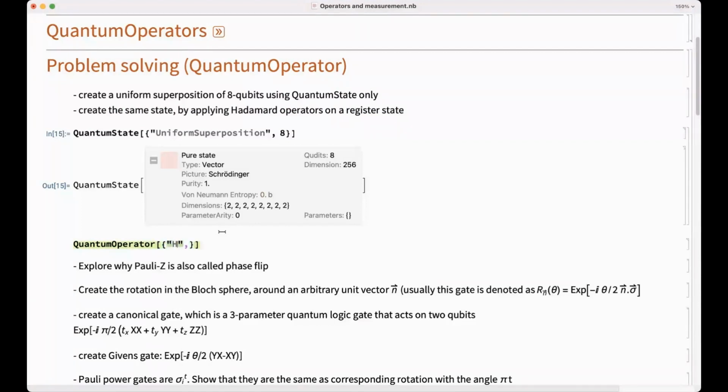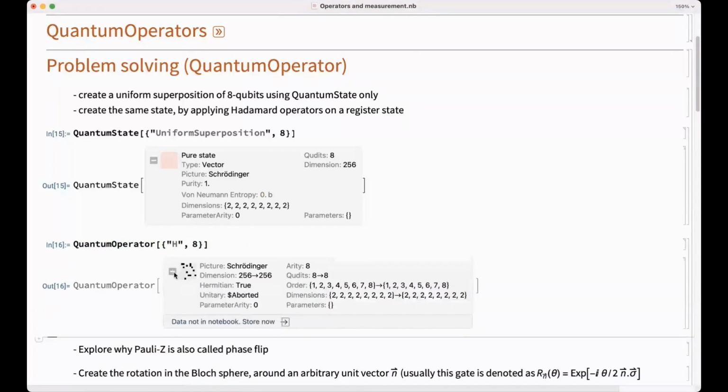So there are two ways. Those of you who are familiar with a uniform superposition know you can create it by applying Hadamard. Here we are saying a Hadamard operator acts on 8 qubits.